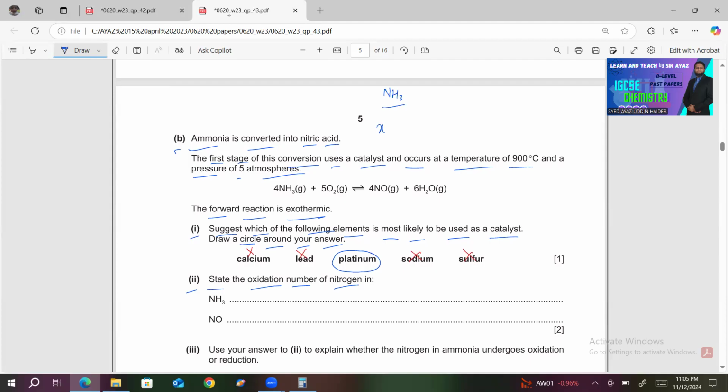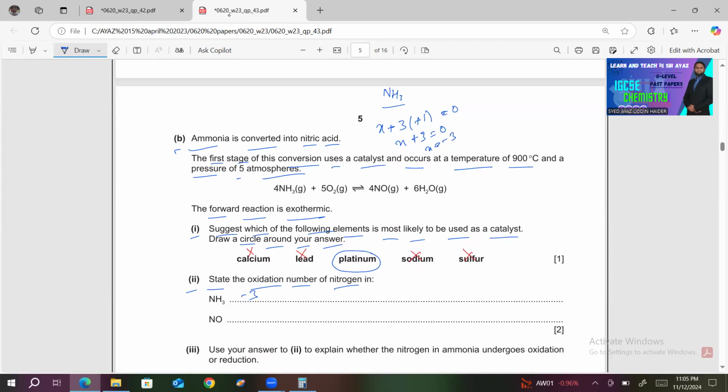I will take X plus 3 atoms of hydrogen, each carrying +1 as its oxidation number. The overall charge is 0, so I will write 0 here. So X plus 3 is equal to 0, or X is equal to -3. So it must be carrying -3 here.